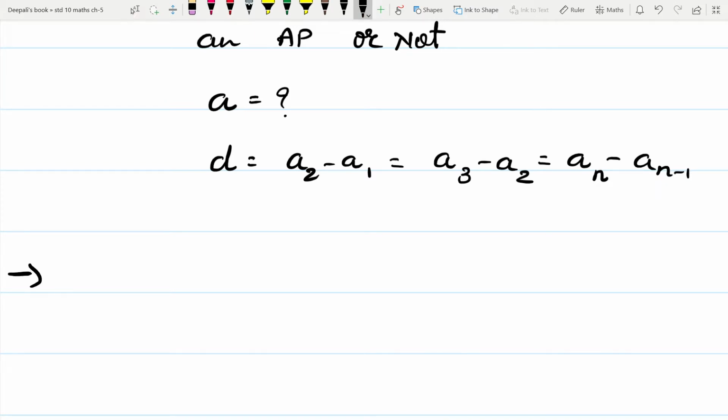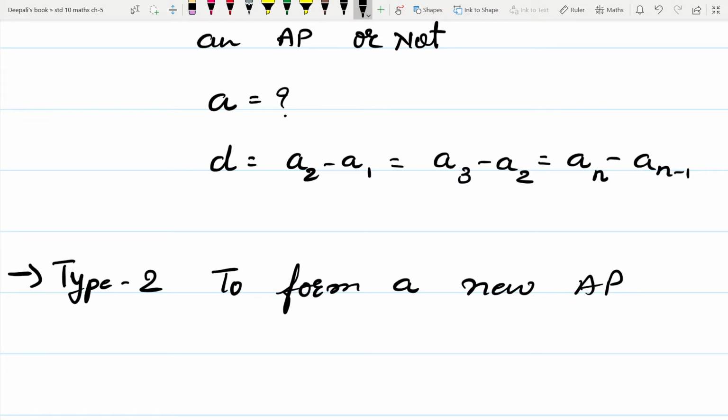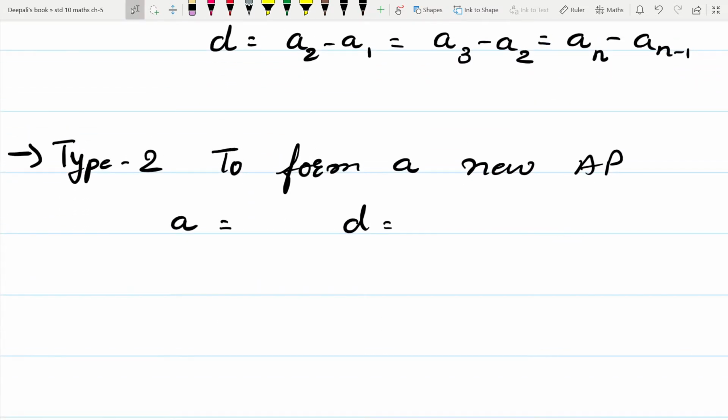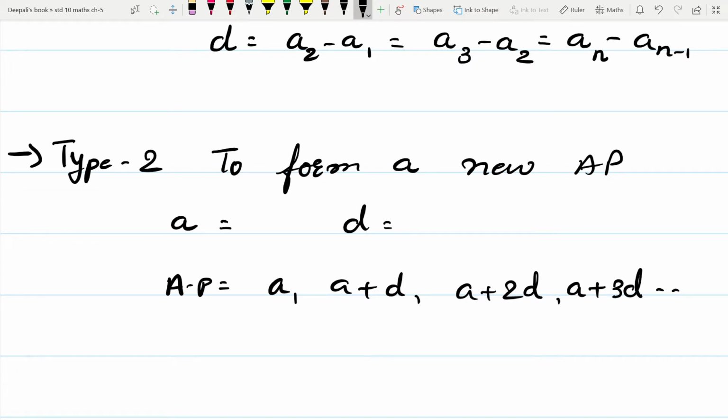Then in type 2, to form a new AP, you need A, you need D, and the formula of AP is equal to A plus D, A plus 2D, A plus 3D, and so on.